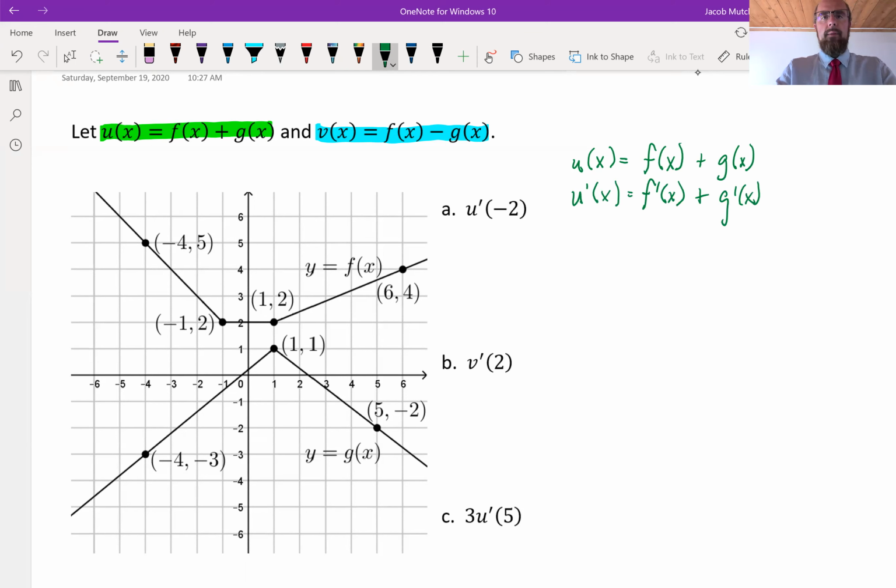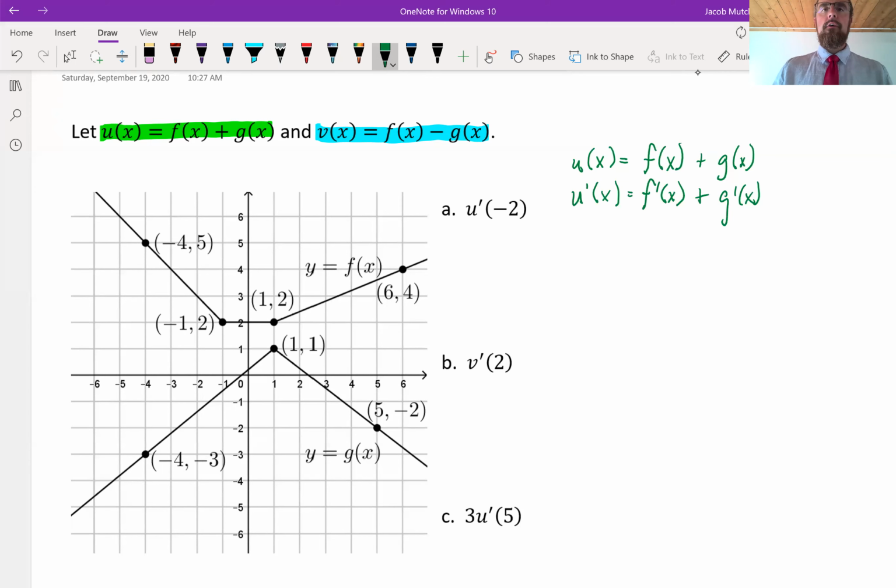Once we see that pattern, we just need to take a look at what kind of functions f and g are. We already noticed that they're piecewise, and all the pieces, both of the upper f of x and the lower g of x, are linear. So when I'm asking what's the derivative of a linear function, recall we're asking what's the slope of the tangent line at that x value.